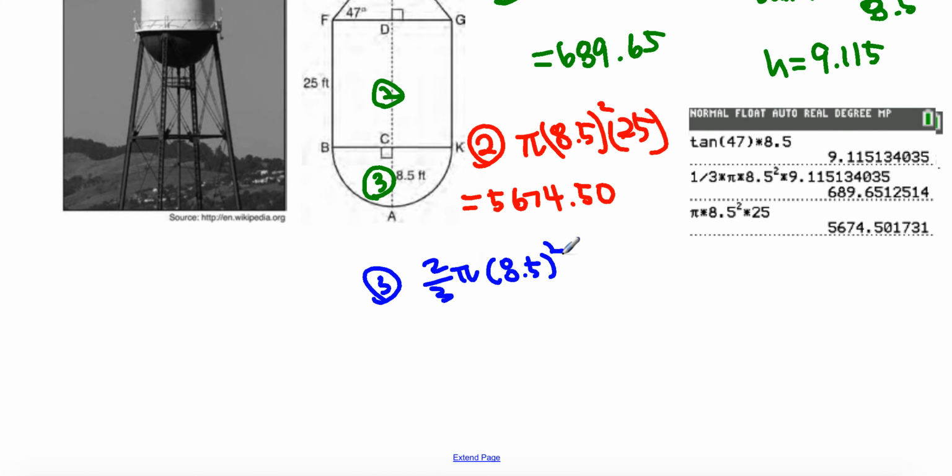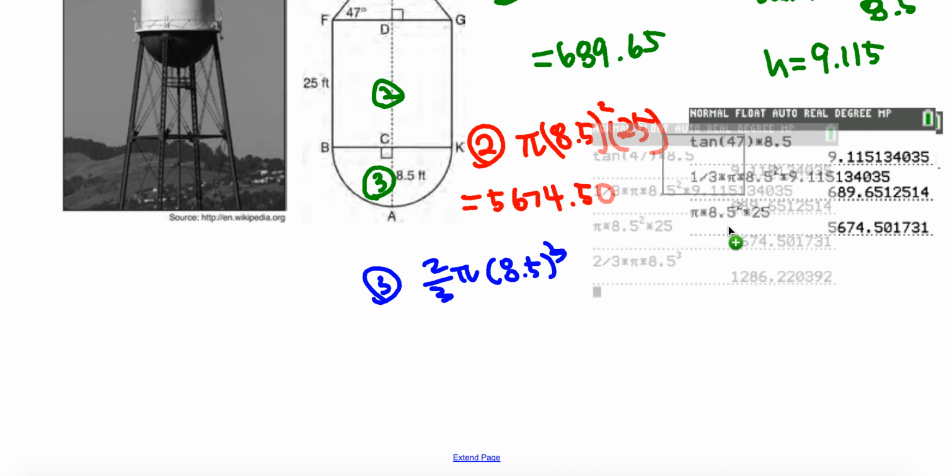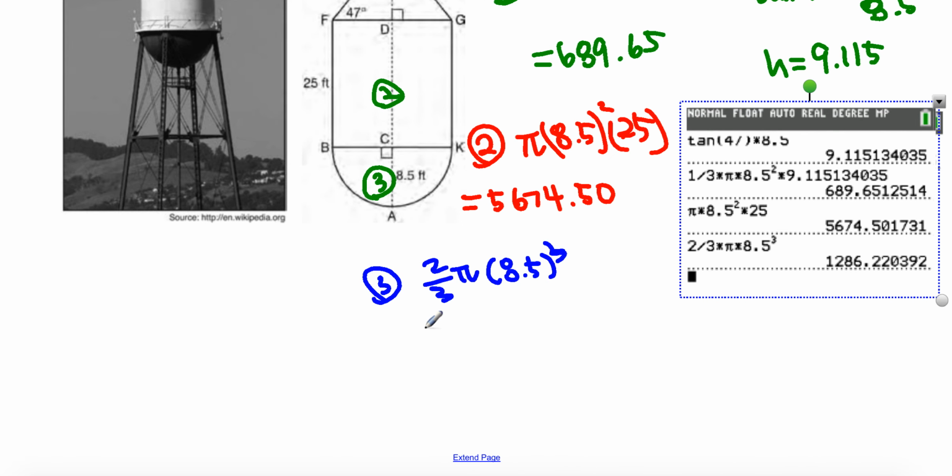Actually, pi r cubed here, I don't know why I put squared, so 8.5 raised to the third power. Then we get 1286.22.